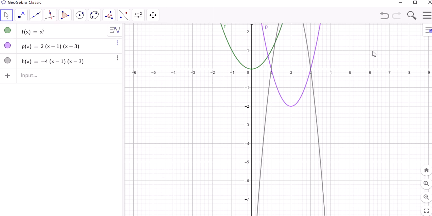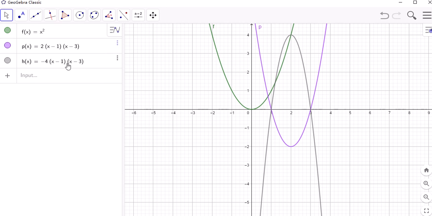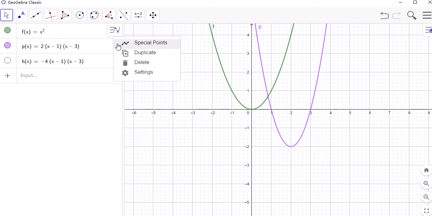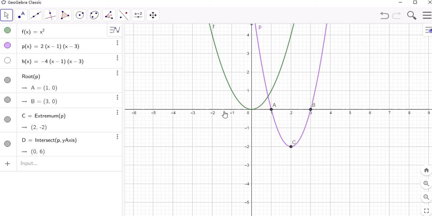We see the property. We close that one, and then see p(x). The special points A and B are the roots. That means they are the zero points. The coordinate of A is 1, 0 here, and B is 3, 0.